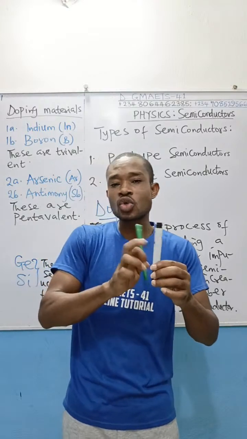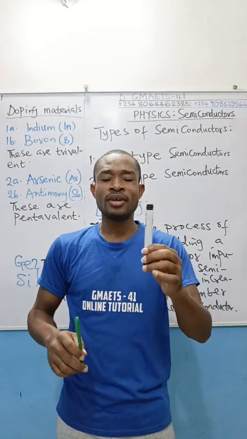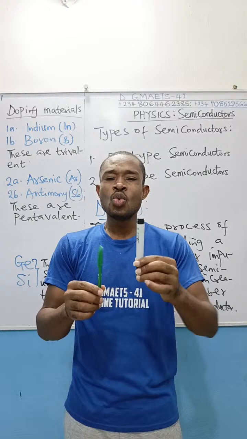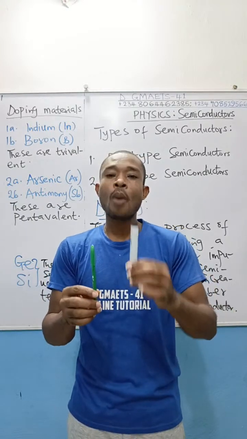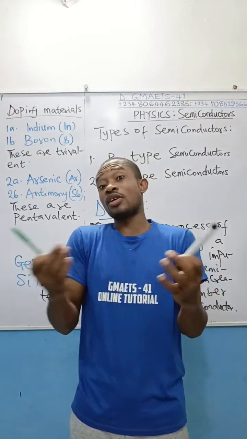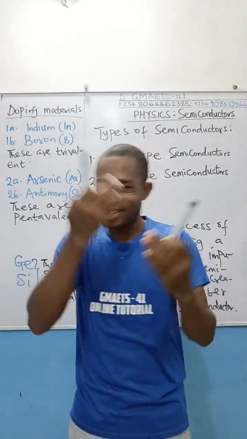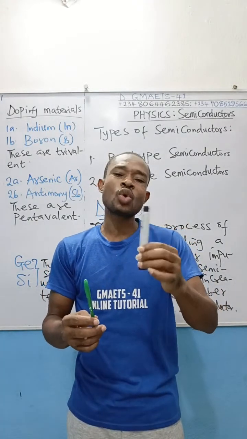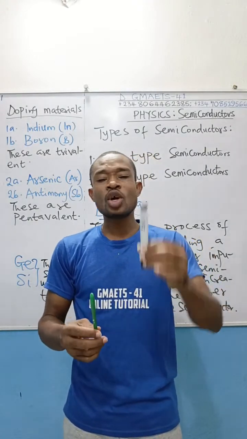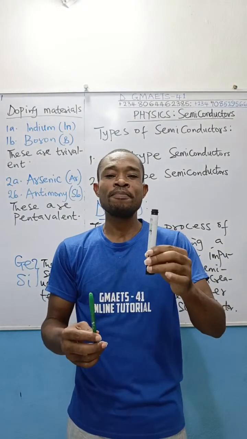The result is that this semiconductor will now have fewer electrons compared to, if you want to mention, say, protons, at least for the idea to be clear. It will have fewer electrons compared to the protons, which means there will be higher protons here than electrons.